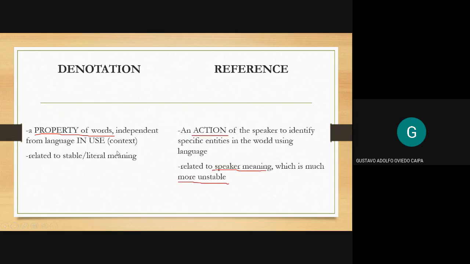So moving on in the slide, denotation is a property of words independent from language in context. And on the other hand, and I forgot to put it here, reference is very much related to context. It depends on context, actually. Let's see how good I can draw this.